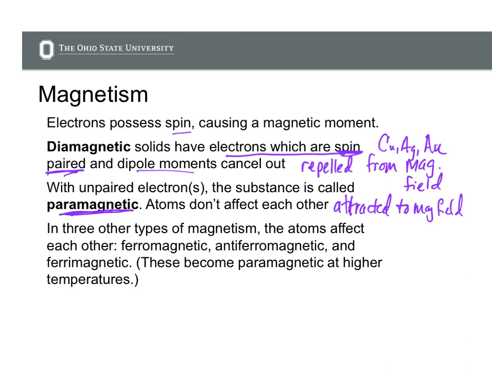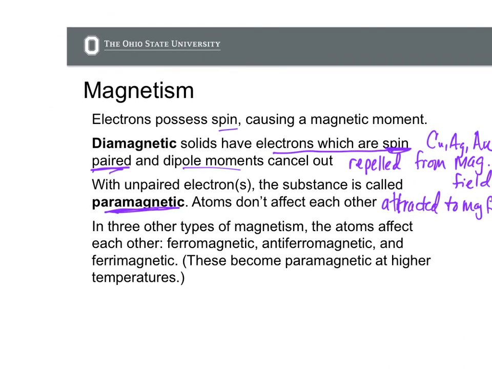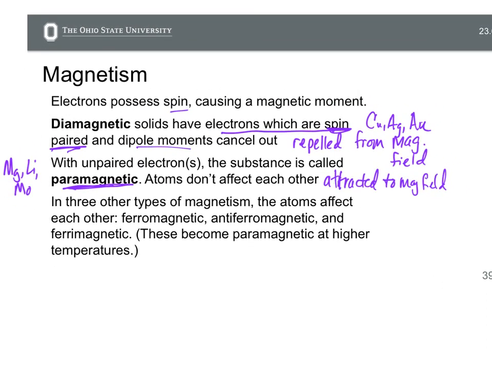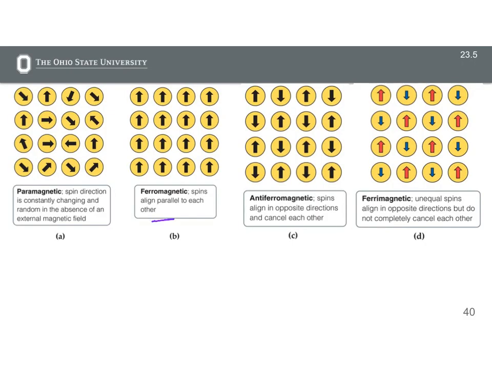Good examples here are magnesium, lithium, molybdenum. They're not great examples because how many of you have ever held magnesium or lithium or molybdenum? No. Okay, whatever. Anyway, there are 3 other types of magnetism: ferromagnetic, antiferromagnetic, and ferrimagnetic.